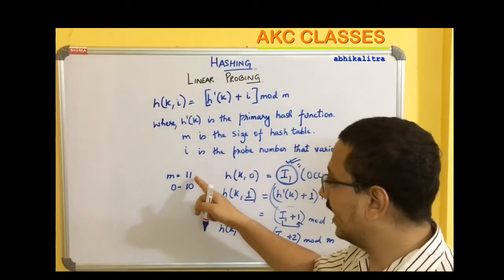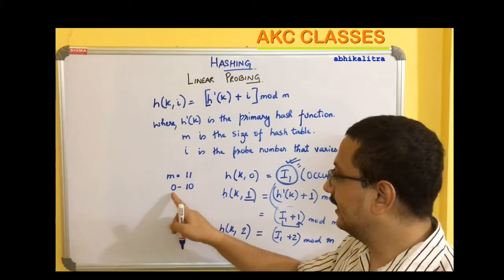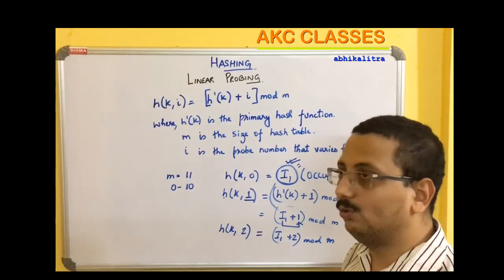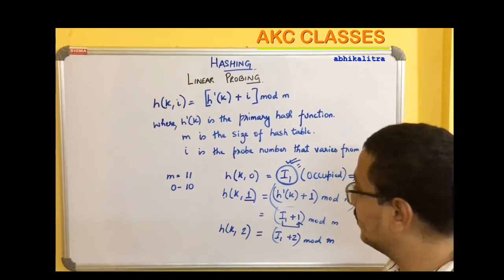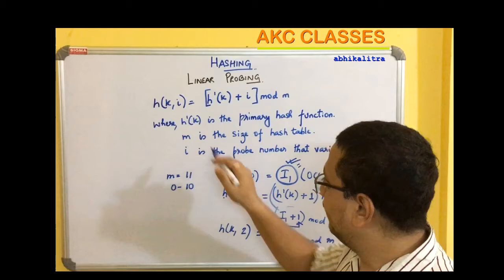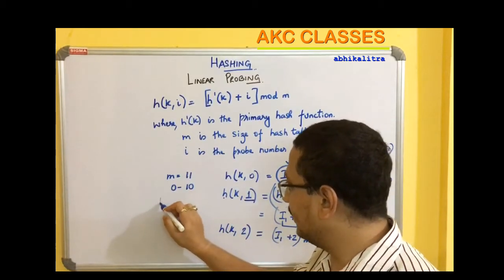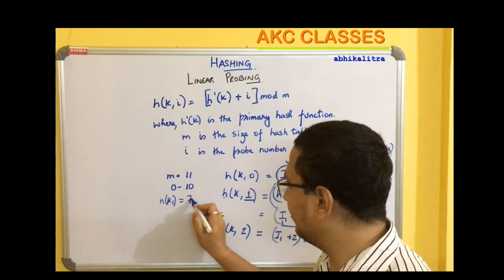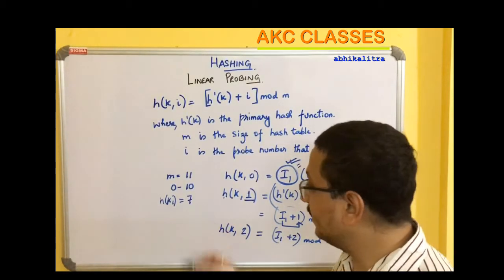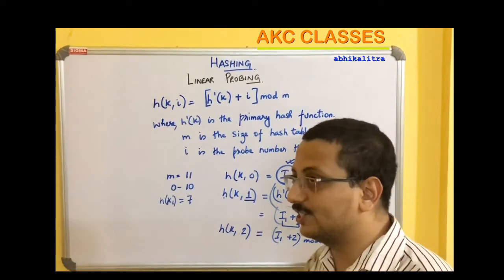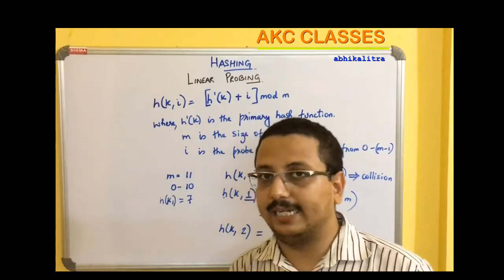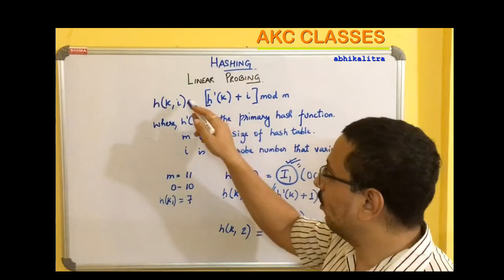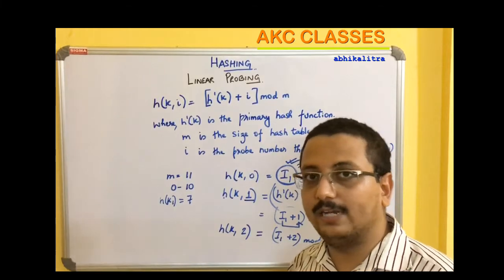Say the primary hash function generates 7 for a key k, and the 7th index of the hash table is already occupied by some data value. Then obviously we will move on to the secondary hash function and increment the value of i.